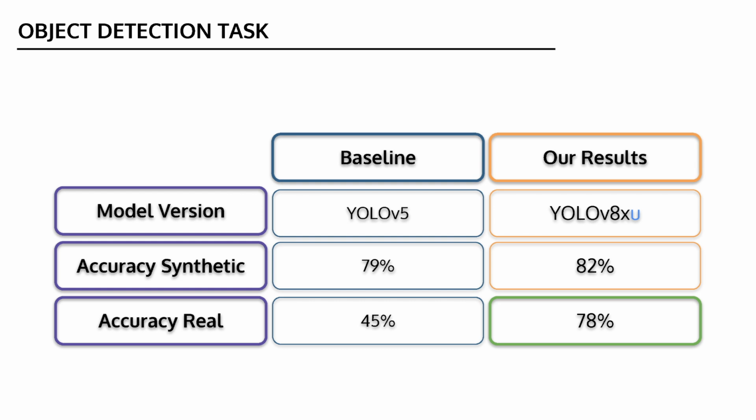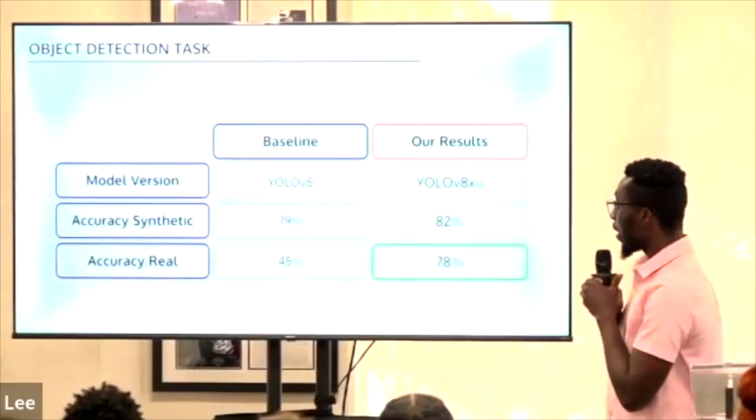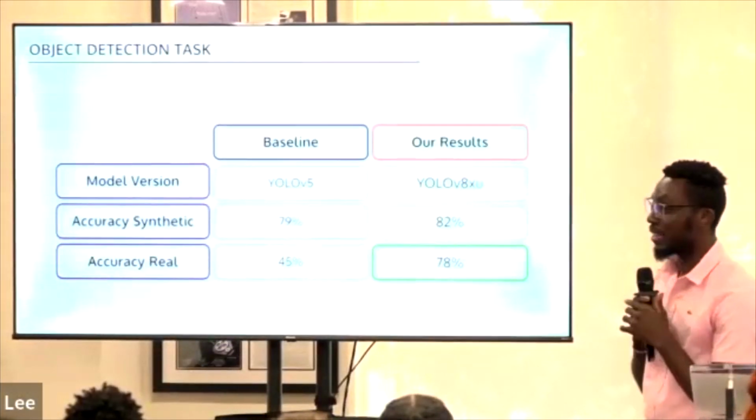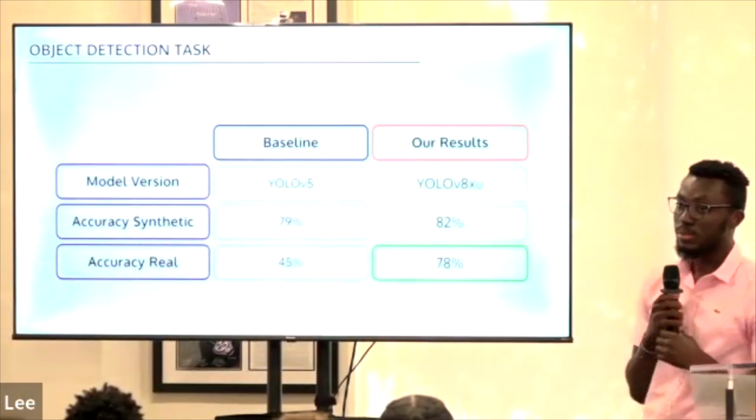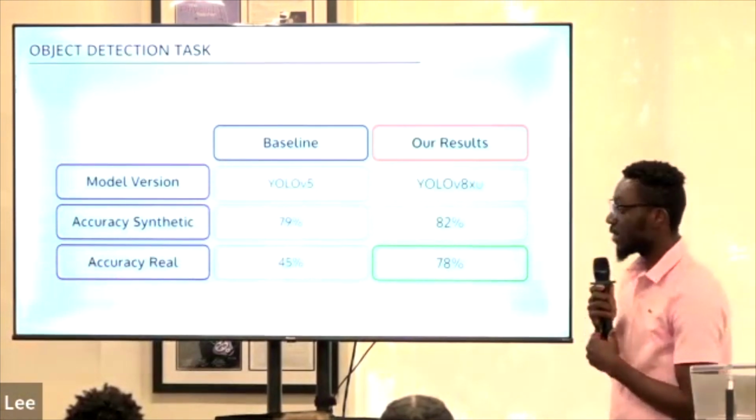But with our YOLO V8X model, we do have an improvement, which gives us an accuracy of 82% on that. And with the real test case, which we are much more interested in, the baseline accuracy is 45%, and then we can see the 78% accuracy improvement here. This is how far we have come with the object detection task, and I would like to invite Algo to take us through the classification task.